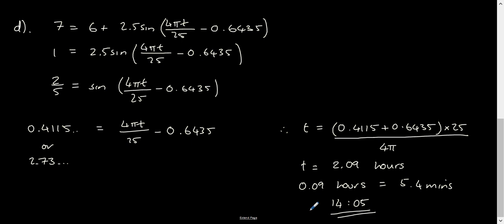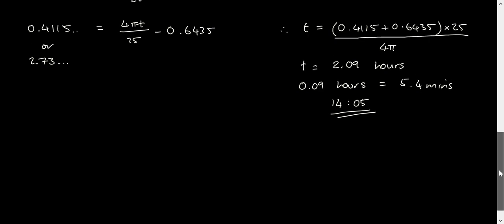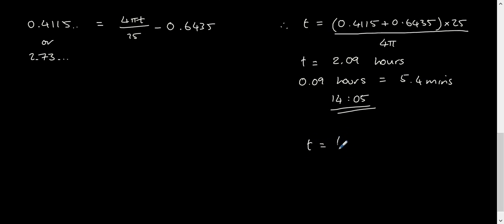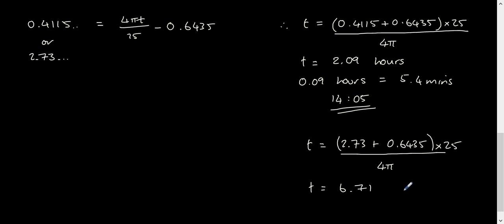We'll do the same thing now for our other value of t. So t is equal to our 2.73 plus 0.6435, multiplied by 25 and divided by 4 pi. We're nearly there. Work that out on the calculator, and we get 6.71 hours.